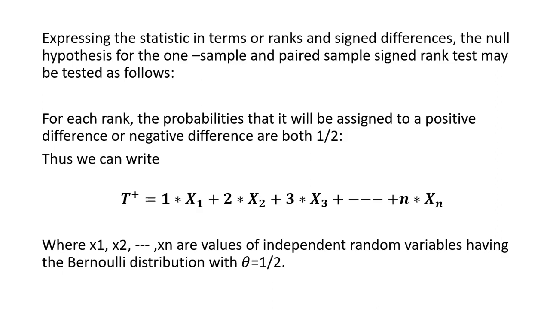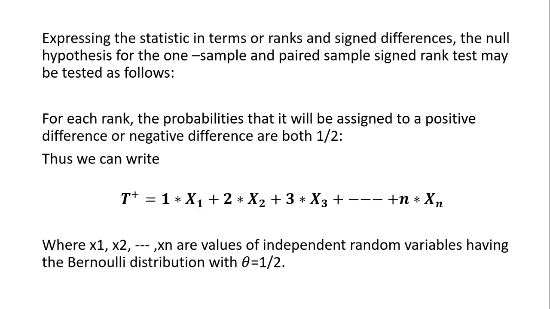And thus we can write the random variable T plus as the first rank times a random variable, plus the second rank times a random variable, up to the nth rank times a random variable, where all the random variables are independent random variables with a Bernoulli distribution.